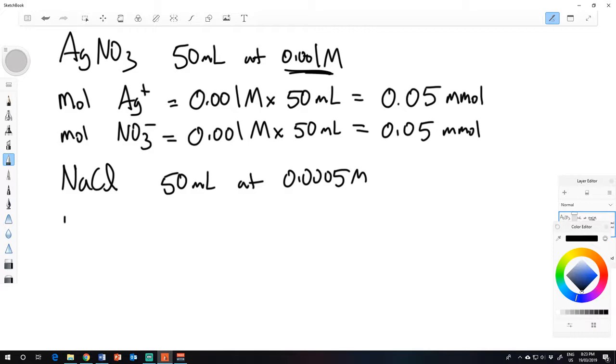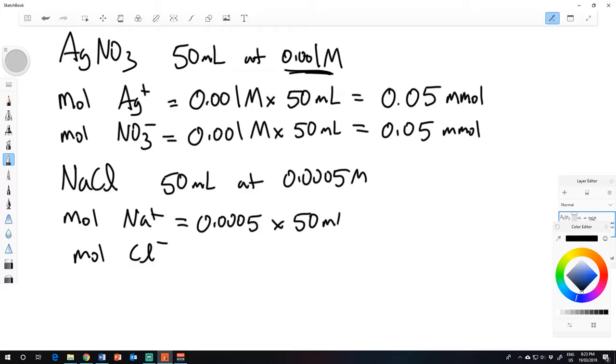So the same thing, calculate moles of Na and moles of Cl. I only need to do one calculation because I have a 1-to-1 ratio, so this should be really easy. There's my concentration multiplied by my 50 milliliters. This will give me 0.0025, and that'll be the same for the chloride ions.